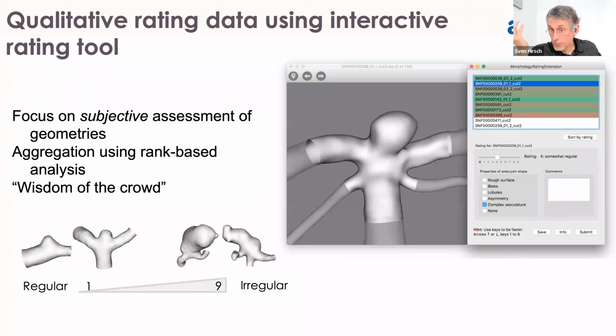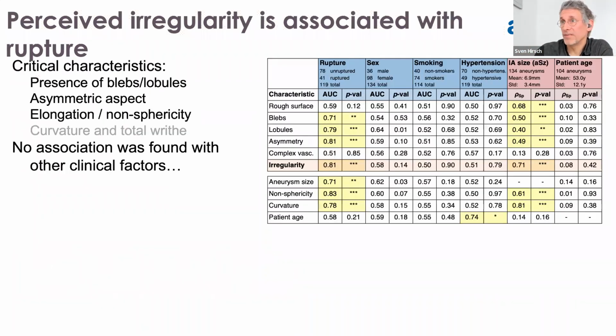I told you there's no language for irregularity. So we have a random scale, and every clinician could choose their scale to order their aneurysm, so to say. Okay, so what we've seen is when we look at this irregularity as it has been rated, the subjective irregularity of the clinicians relates to rupture really well already.